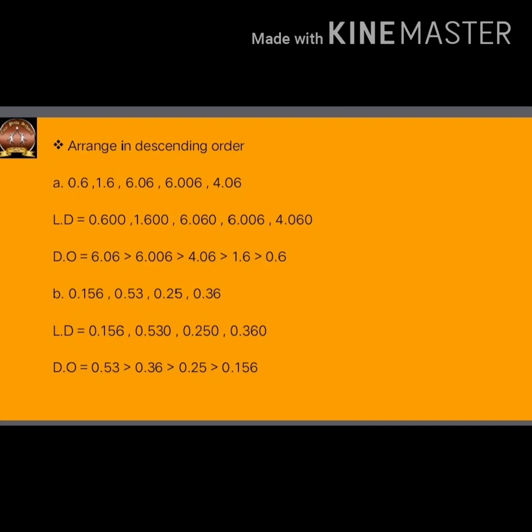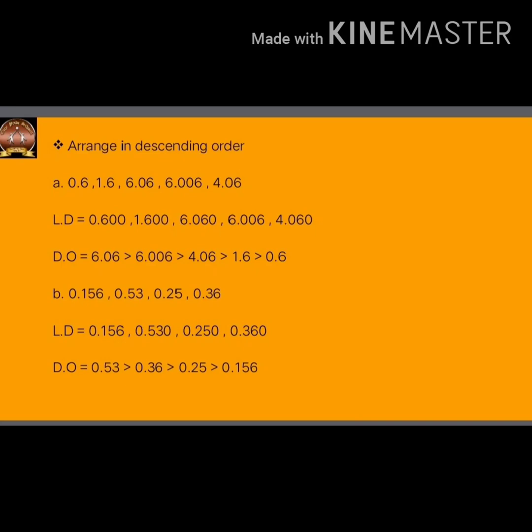So now this time I'll be arranging it in the descending order. Comparing first with the whole numbers, I can see that all the whole numbers are 0. Then I'll compare the 10th place, the greater one. So the greater one is 0.530. It can also be written as 0.53.